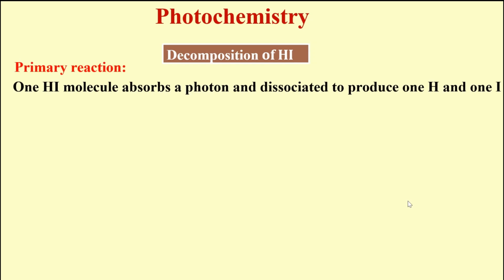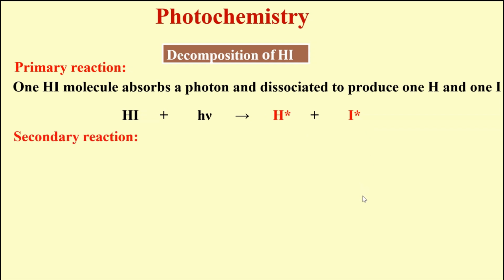One molecule of hydrogen iodide absorbs the photons and dissociates into one hydrogen and one iodine radical. Hydrogen iodide absorbs hν and gives rise to hydrogen and iodine radical, where hydrogen and iodine are in the excited state.